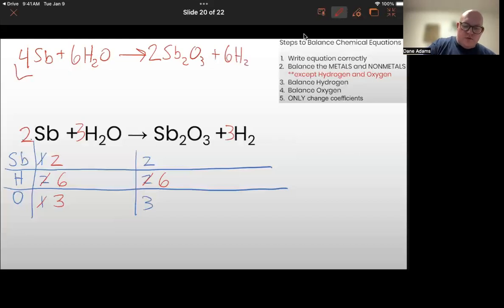Okay. Take a look at this for a second. Is it balanced or is it unbalanced? If you count up all the atoms, it is balanced. It follows conservation of mass.